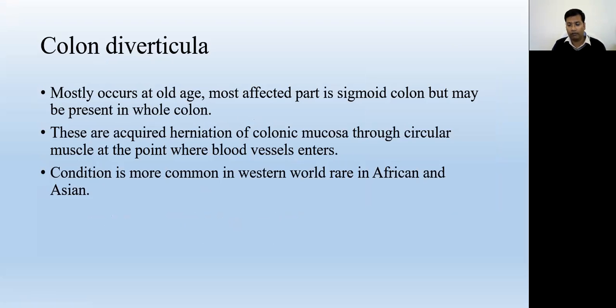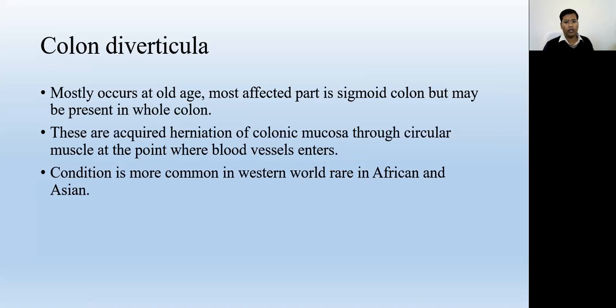Now come to colon diverticula. Most commonly, colonic diverticula are present in old age, and out of the complete colon, the sigmoid colon is the most affected part. The diverticula may be present in the whole colon, but the sigmoid colon is the most affected.